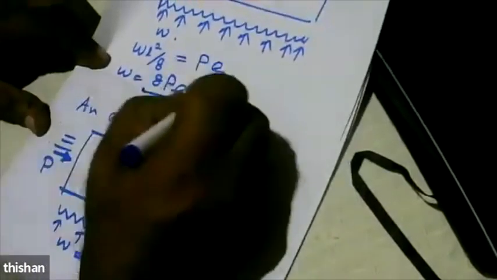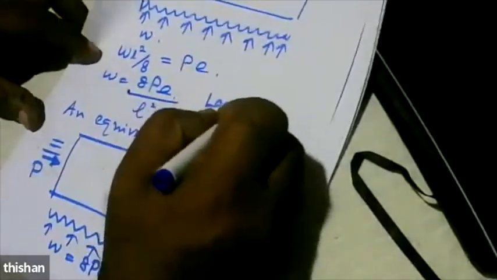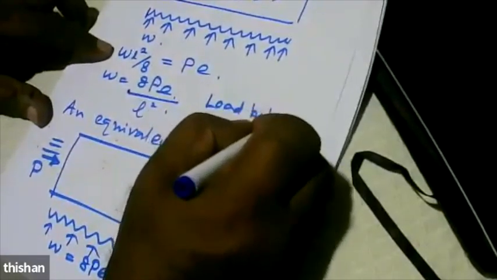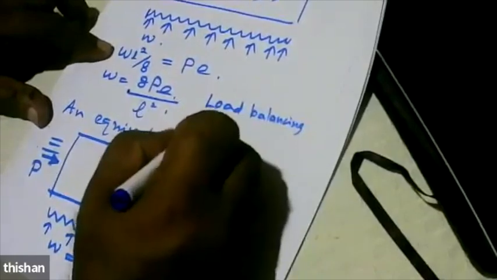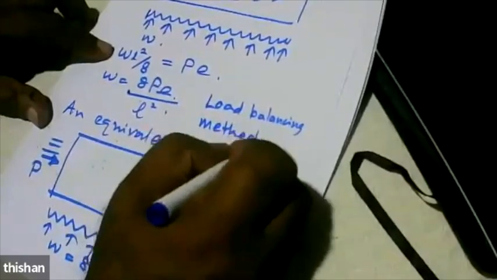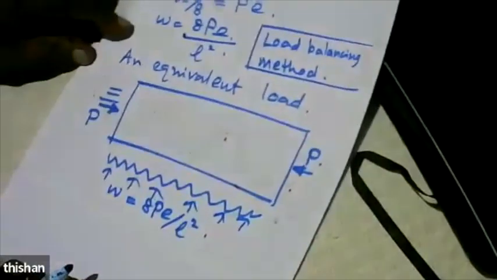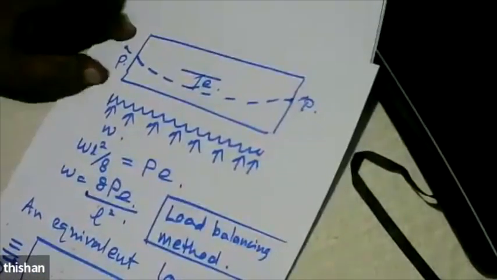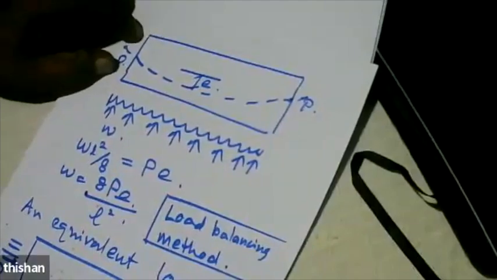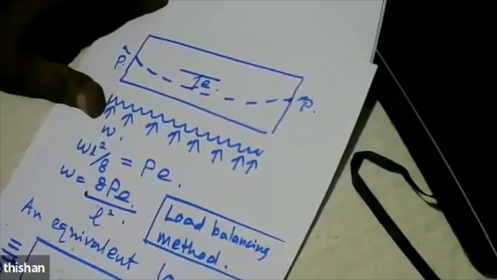And this is called the load balancing method. So what we are saying is, this pre-stress is equivalent to an upward force.